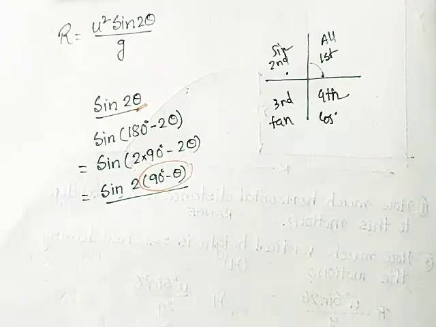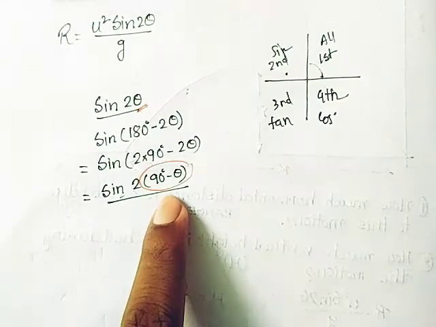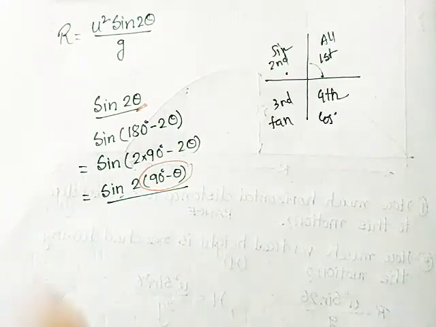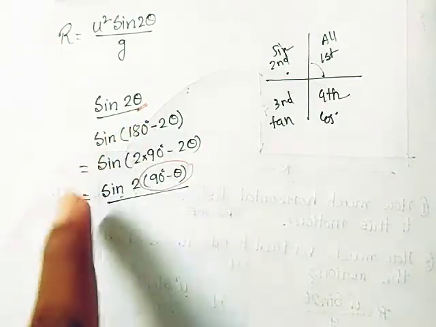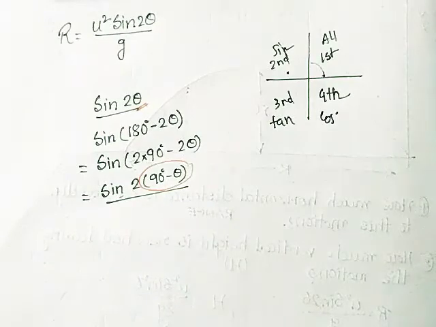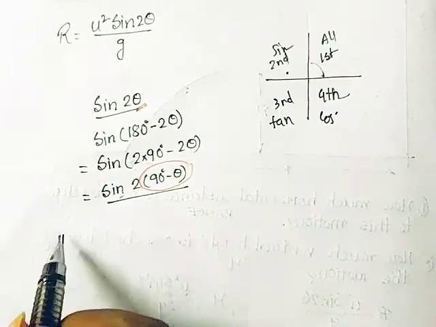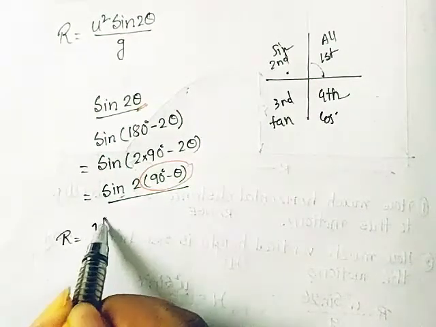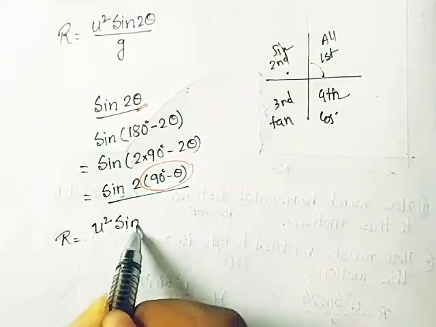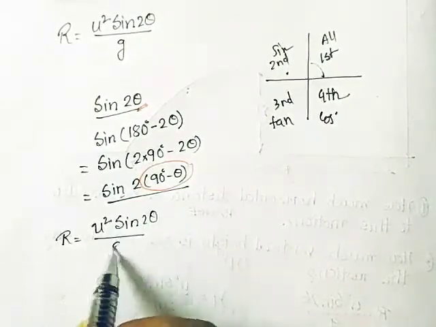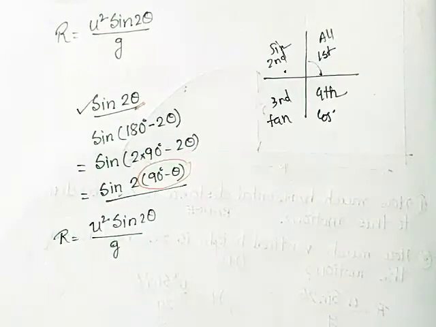So if theta is 30 degree, then it will be 60 degree. And with both of these values of sine 2 theta, I write r equals u square sine 2 theta divided by g.